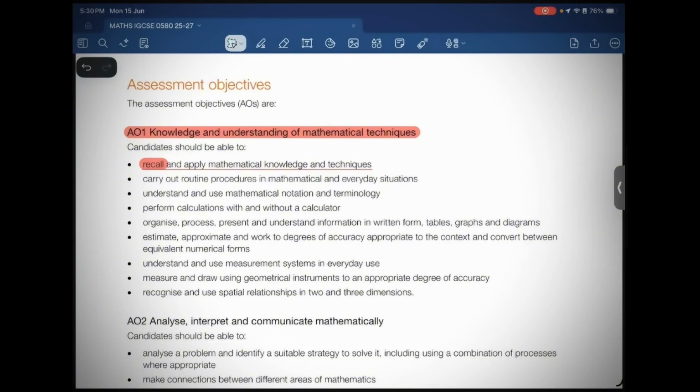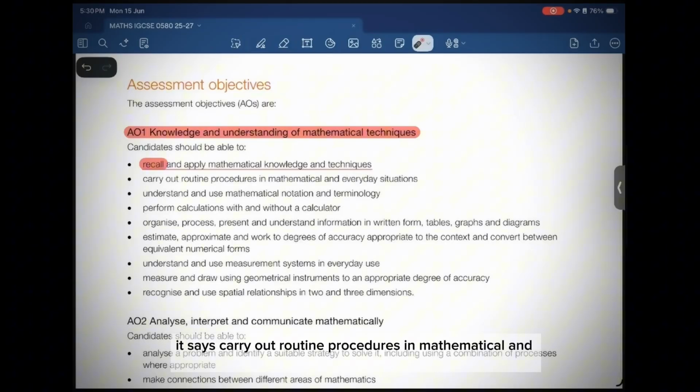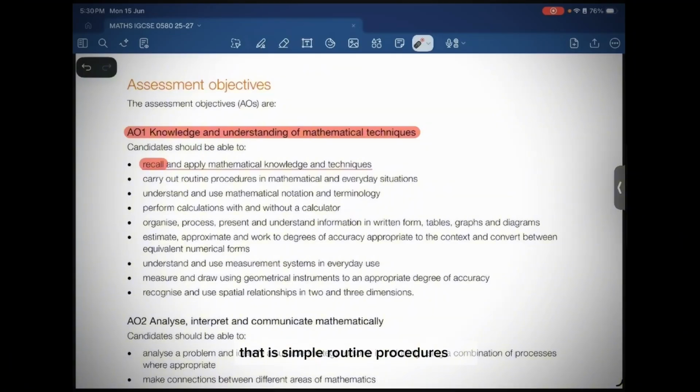Clear this one? Secondly, it says carry out routine procedures in mathematical and everyday situations. That is simple. Routine procedures could simply include the arithmetic operations: plus, minus, multiplication, division. All those operations are included in routine procedures.